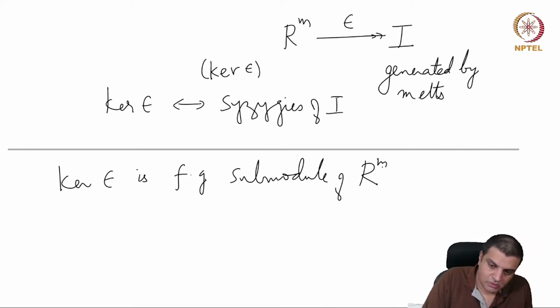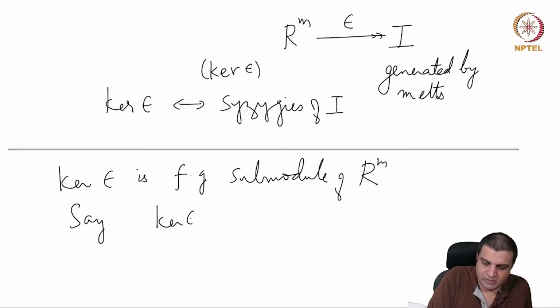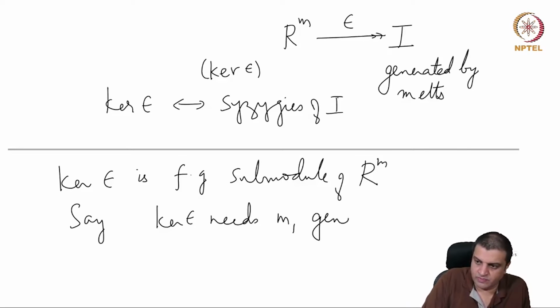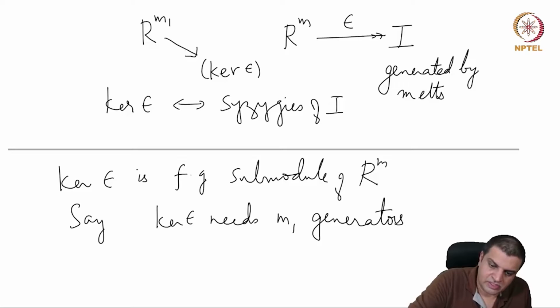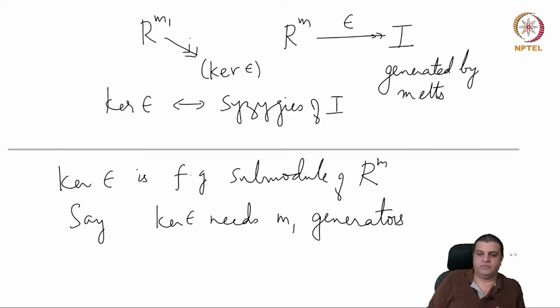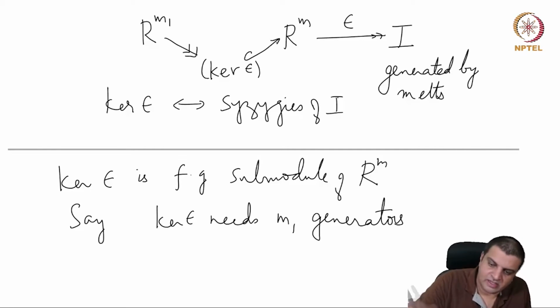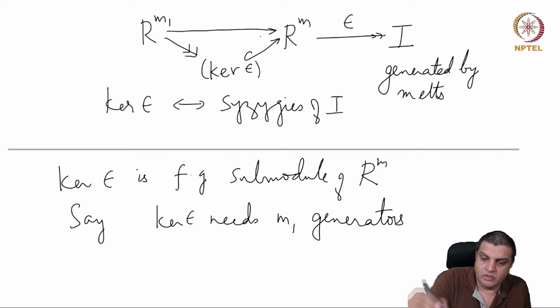But we can repeat the same procedure. Say the kernel of epsilon needs m1 generators. Then we take a free module of rank m1, map it surjectively onto the kernel of epsilon, and the kernel of epsilon of course sits inside Rm injectively, and the composite map we call partial 1.